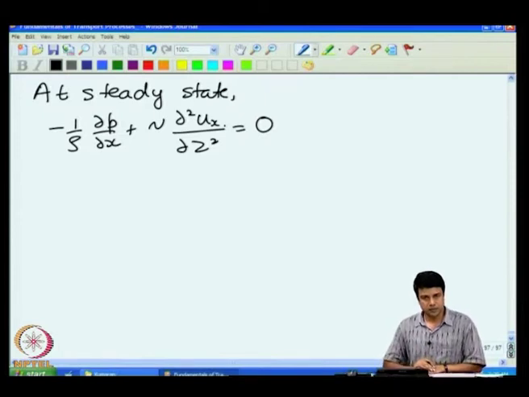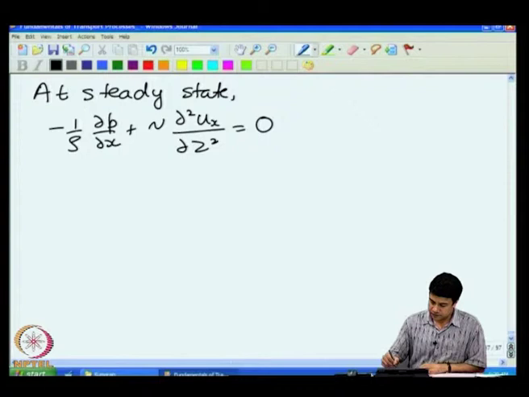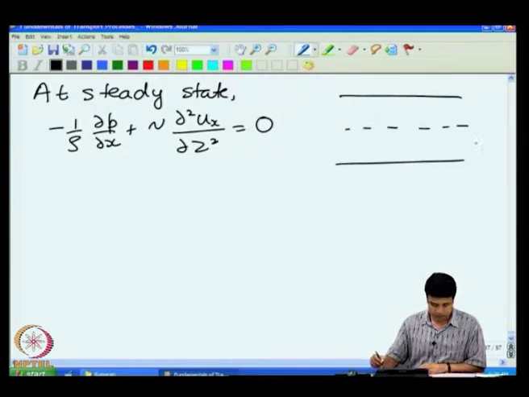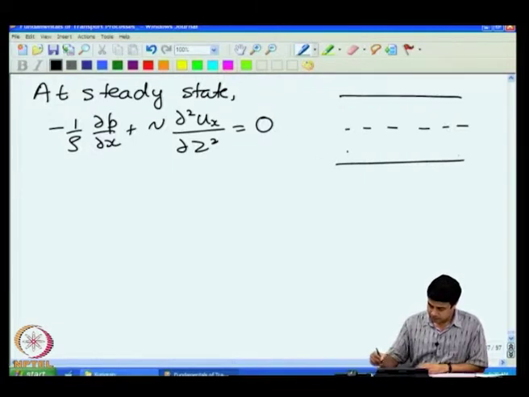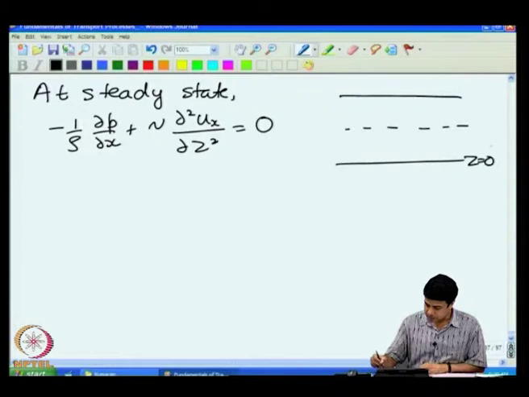So, this is the momentum balance equation, and I had two boundaries for the channel. This is at z is equal to 0, z is equal to h, and the center line of the channel was at z is equal to h by 2.